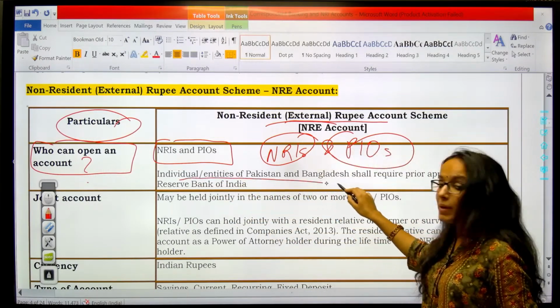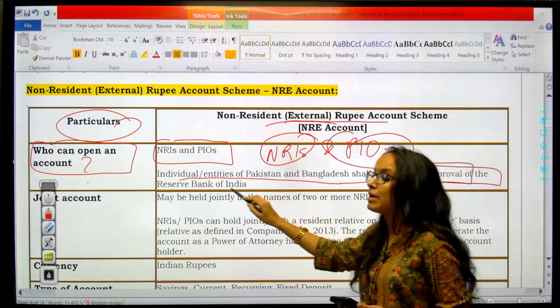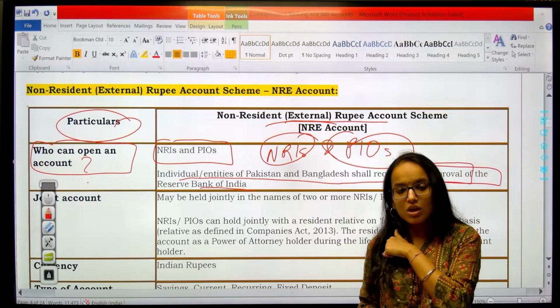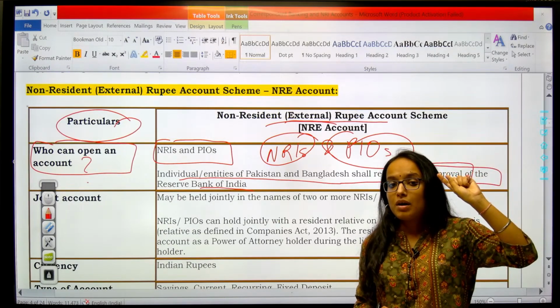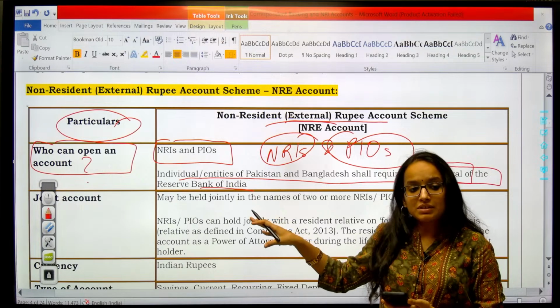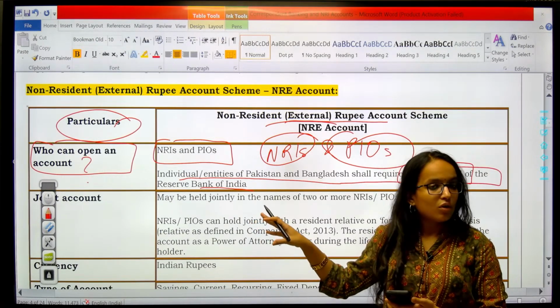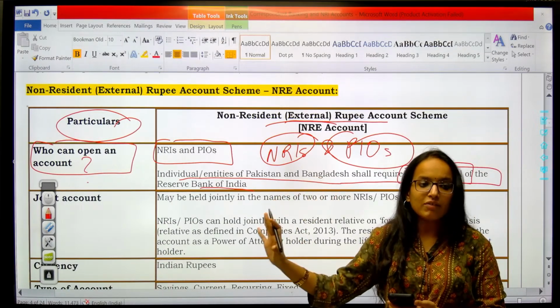Individual entities of Pakistan and Bangladesh shall require prior approval of the Reserve Bank of India. As you know, PIOs are persons of Indian origin who are non-resident, citizens of some other country, apart from the countries specified by the central government.